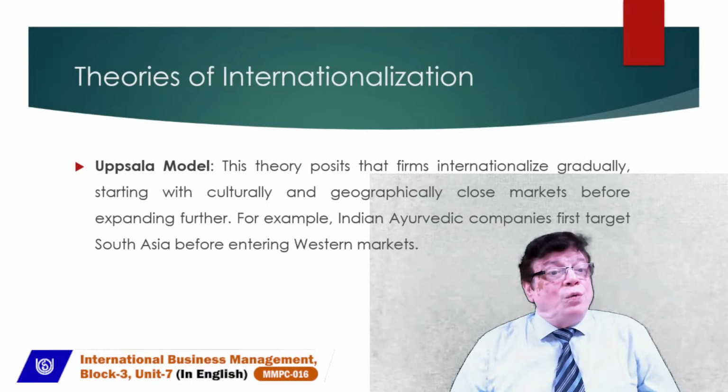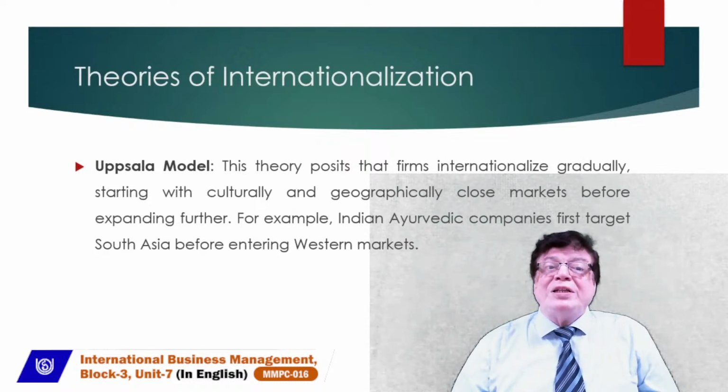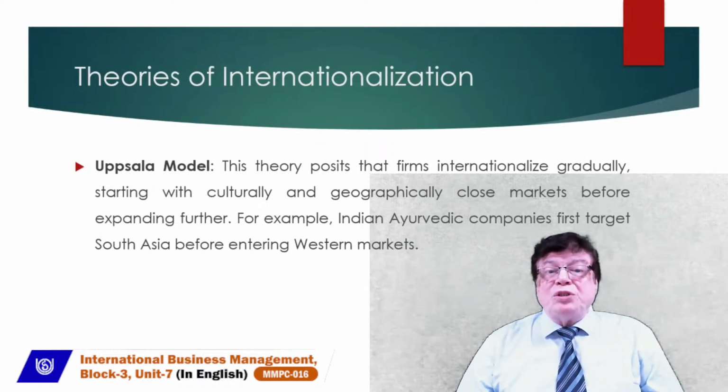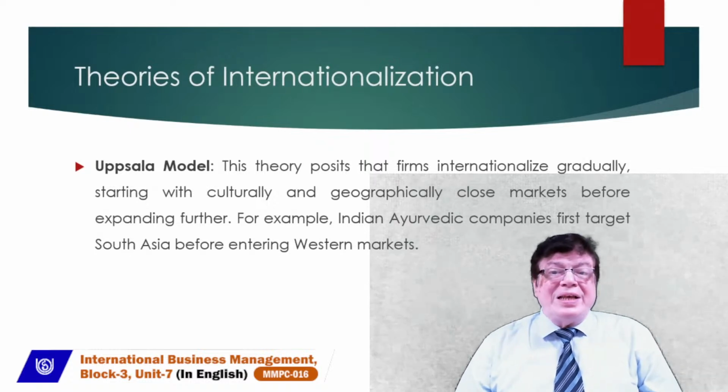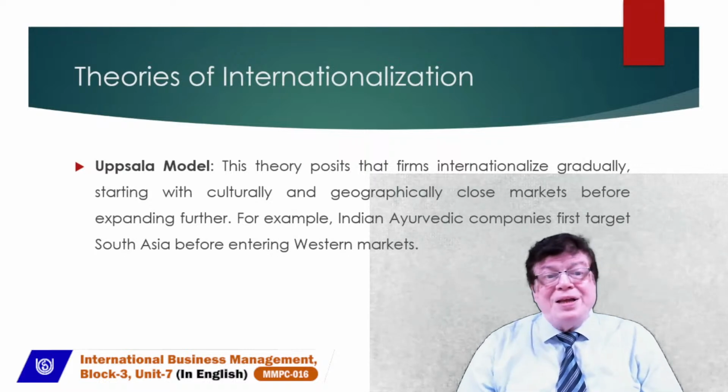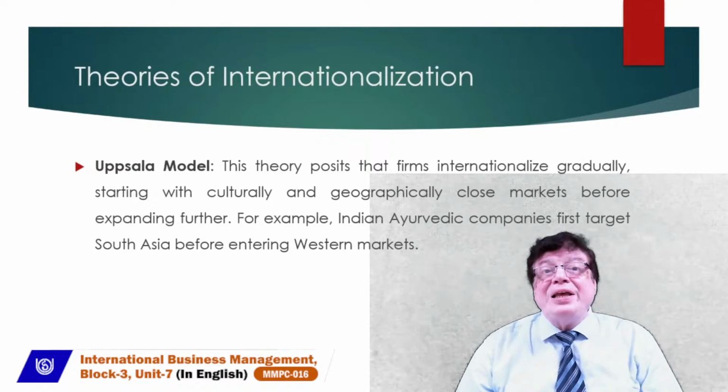So the Uppsala model. What does this model say? This theory posits that firms internationalize gradually, starting with cultural and geographical closeness.